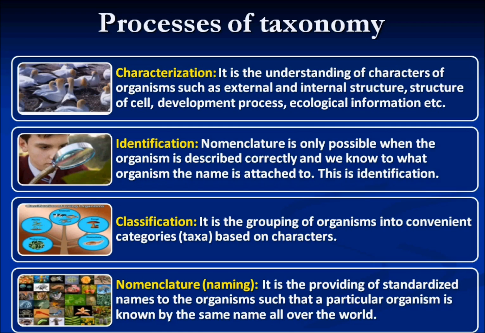But for a biologist to communicate, that particular organism should have a fixed name, that is the scientific name, so that we can understand that easily. It is the universal name given to an organism. So let us proceed ahead with the system of nomenclature.